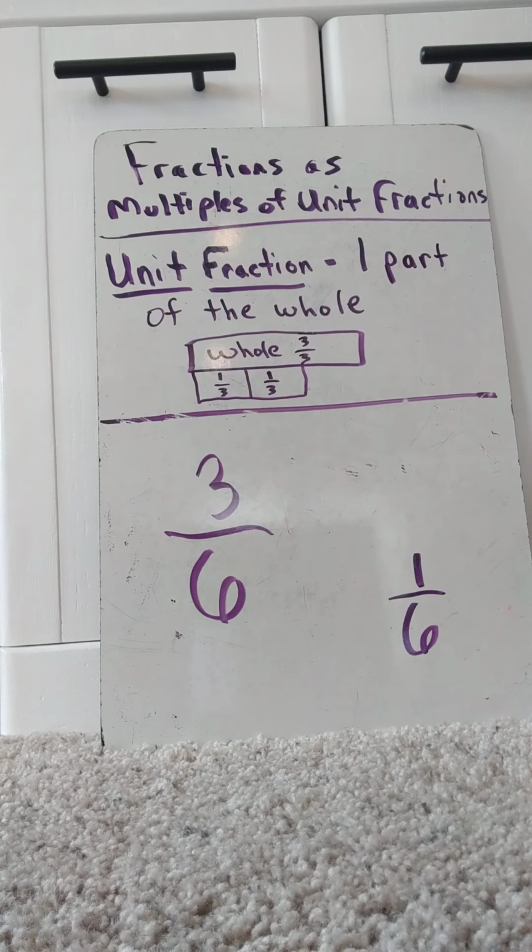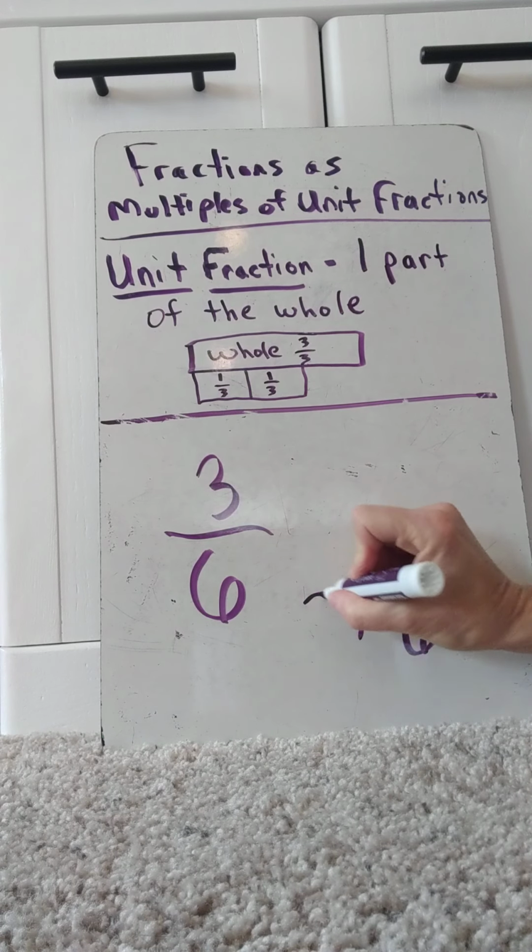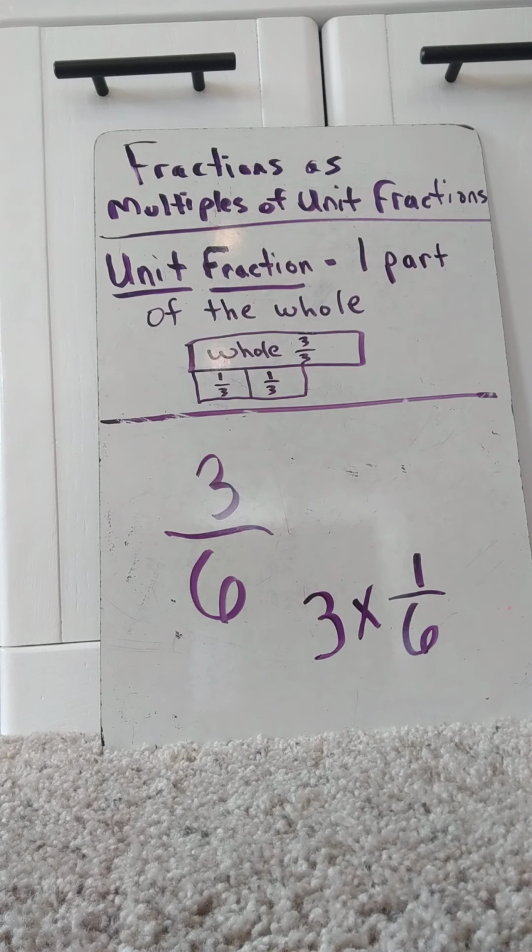How many are there? There are 3 of them. When I multiply, 3 times 1 is 3, and I stay in sixths. They match, they're equal. So this is the equation that you're going to choose as your answer.